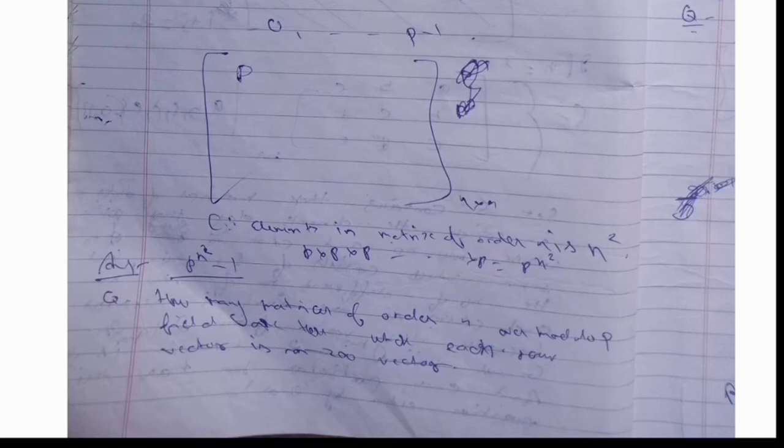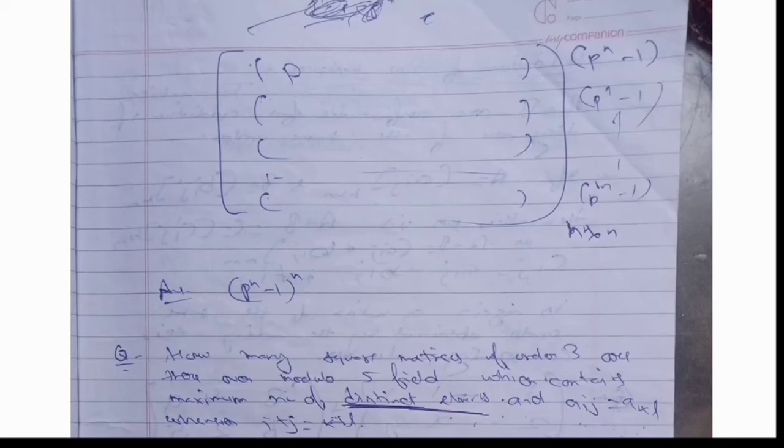How many matrices of order n over the modulo p field are there whose each row vector is a non-zero vector? Now we are not thinking about the whole matrix, we are just checking a row vector. Let's see how many positions we have in row number 1. n positions. How many choices do we have for each position? p.